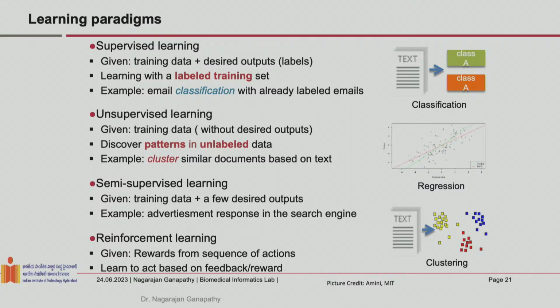In semi-supervised learning, you feed the input, you feed partial ground truth, and the machine learns by itself on those images for which it doesn't have a ground truth. What does that mean? Apple is a common word.